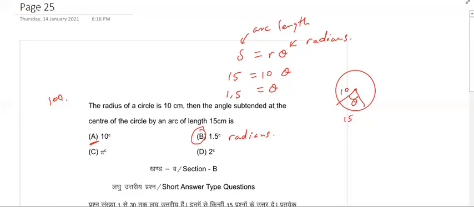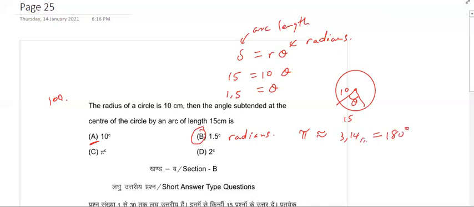Theta should be 1.5 radians, which is approximately, if you think about how many degrees this is, if you have to estimate the degrees for 1.5 radians, we know that pi is approximately equal to 3.14, which is equal to 180 degrees.